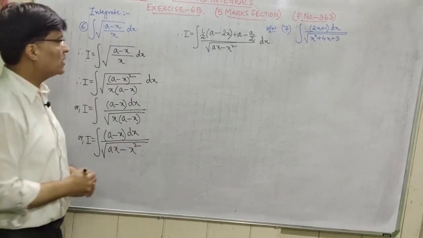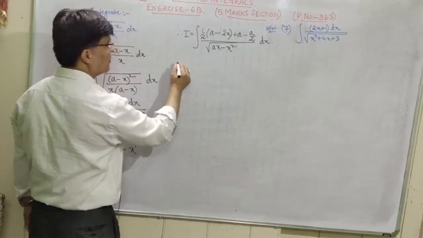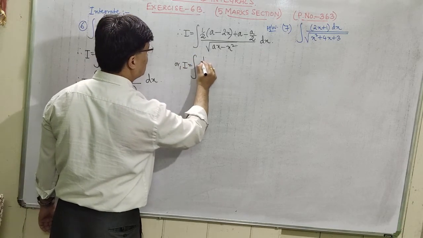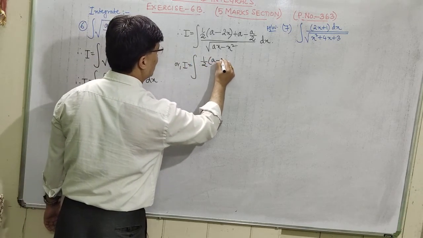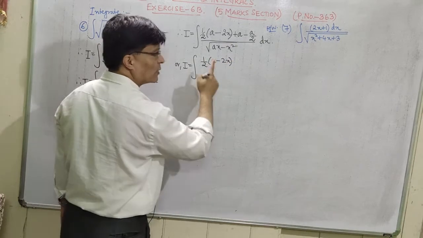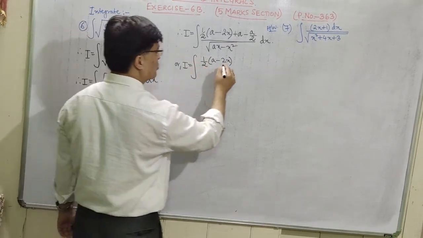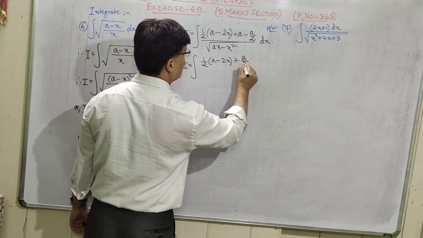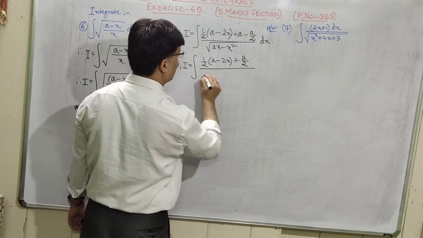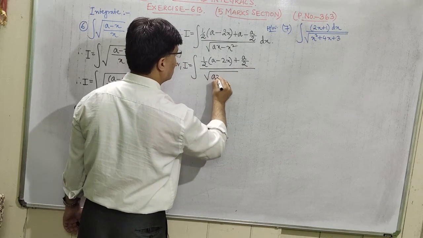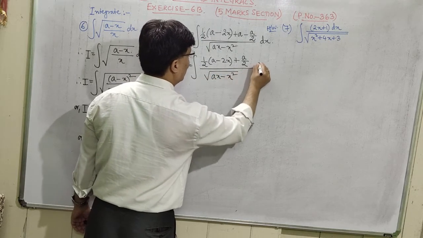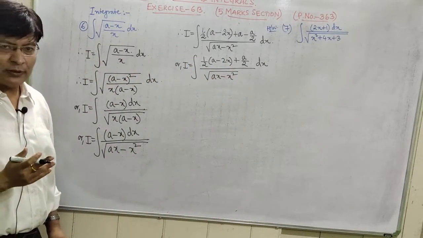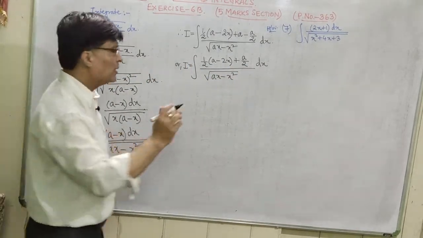So I think you have understood it. So let us simplify a minus a by 2. Or I is equal to integration of this is half, this is a minus 2x, and what about plus a minus a by 2? It will be plus 2 into a, 2a minus a is a by 2. So this whole divided by root over ax minus x square, then we write dx. I hope you have understood it.